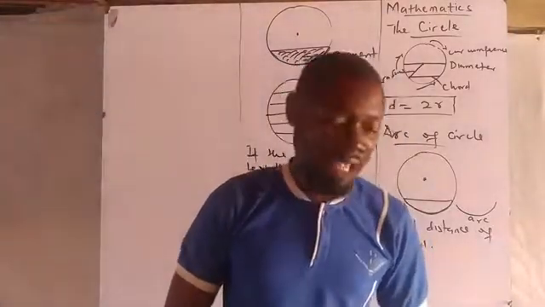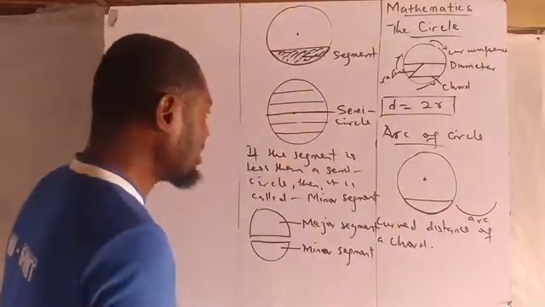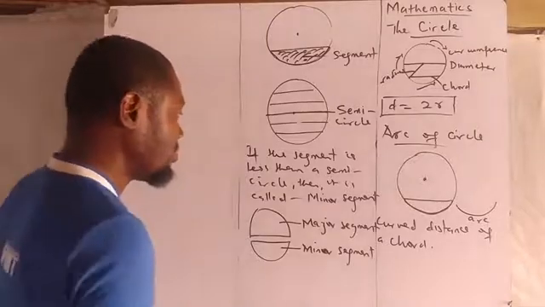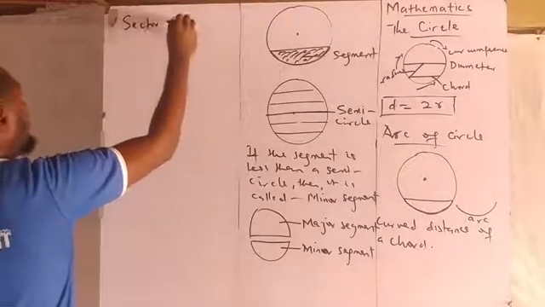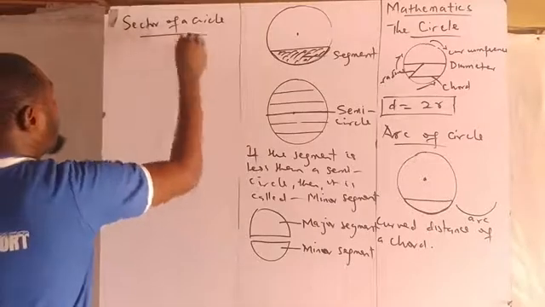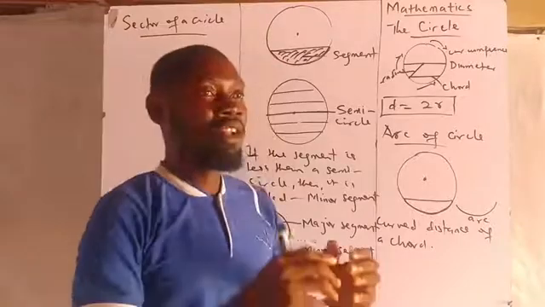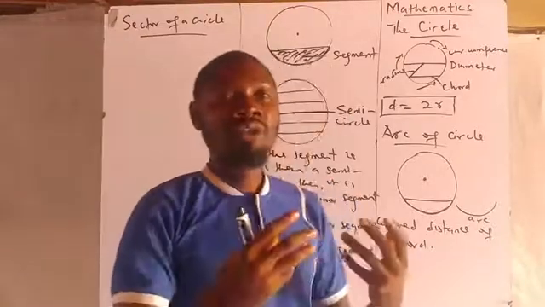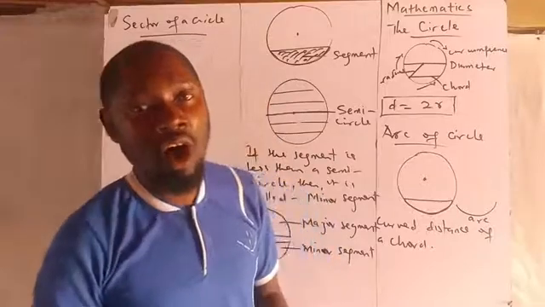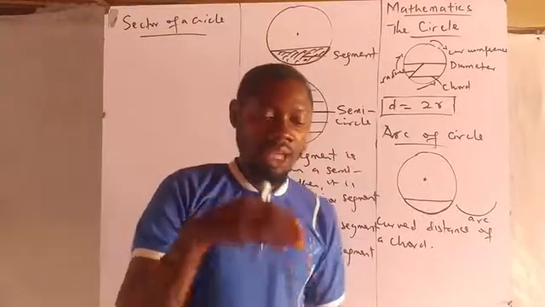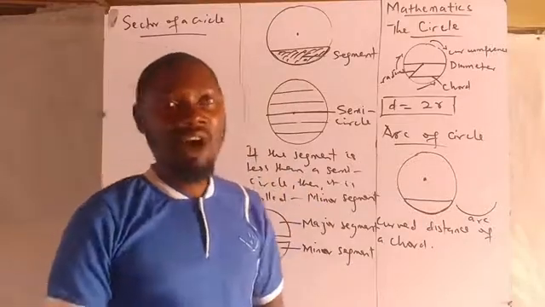Let's consider the sector of a circle. The sector of a circle is an enclosure of two radii and the arc of the circle. A sector has two radii and the arc of the circle.